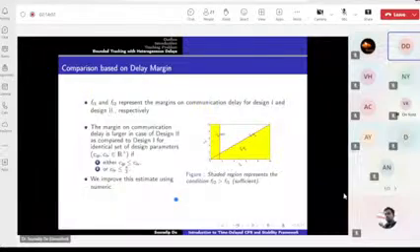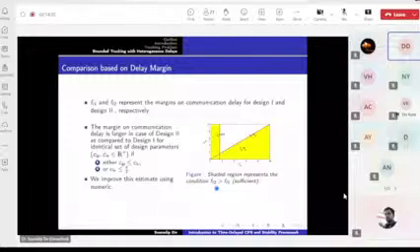So theoretically you can prove that in this shaded region, that yellow color region, FI2 is greater than FI1. So whenever I am having this coupled single integrated estimator structure, that will yield better delay margin compared to the double integrated estimator structure. So what is that condition?